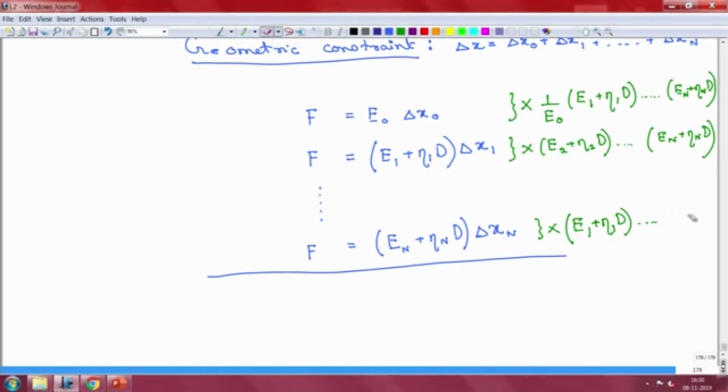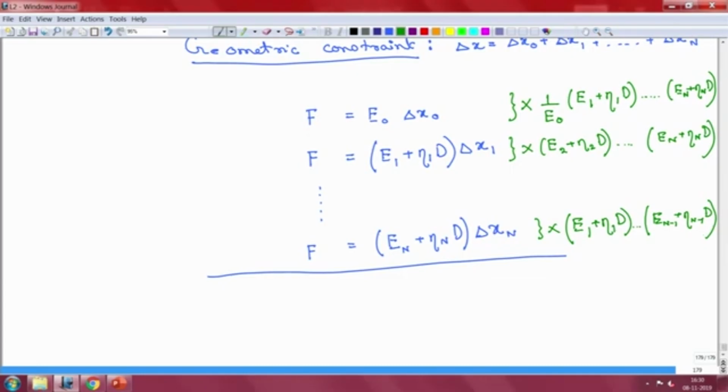Okay. Running out of space here, so we will just make it more compact. E n minus 1 plus eta n minus 1 into d.